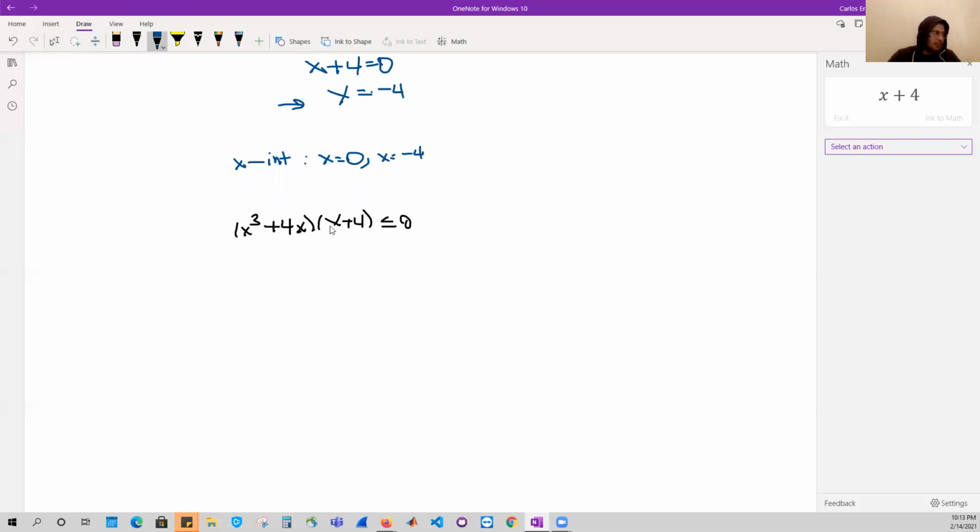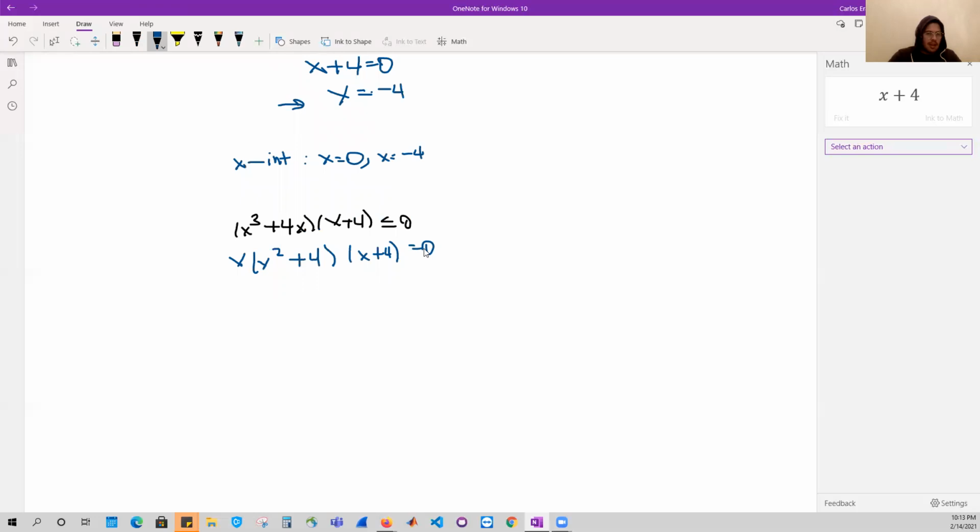We can expand this polynomial to make it a little more readable, making it x squared plus 4, and x plus 4, equals 0.